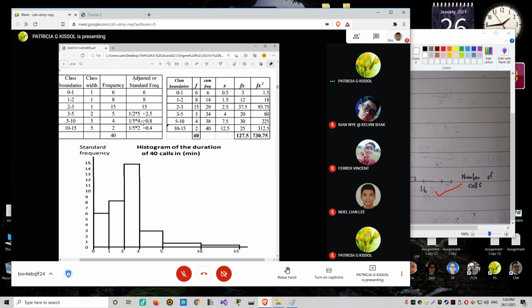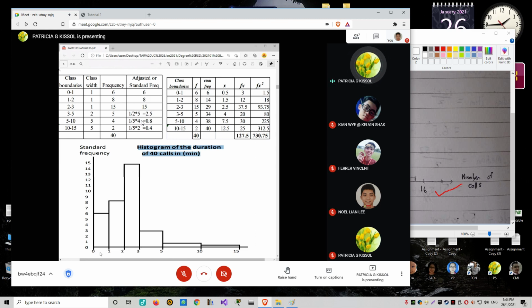Sorry. So this is how the diagram should be. Notice that you label here. I hope you can see my pointer. The y-axis is labeled as standard frequency. The title, you must name it as histogram of the duration of 40 calls in minutes. Now, this is not drawn on actual graph paper, but you should be able to visualize that it is.